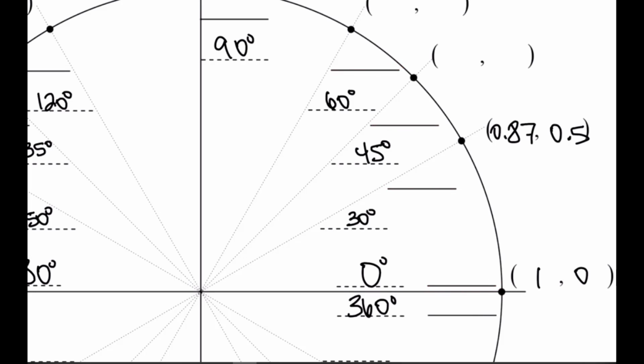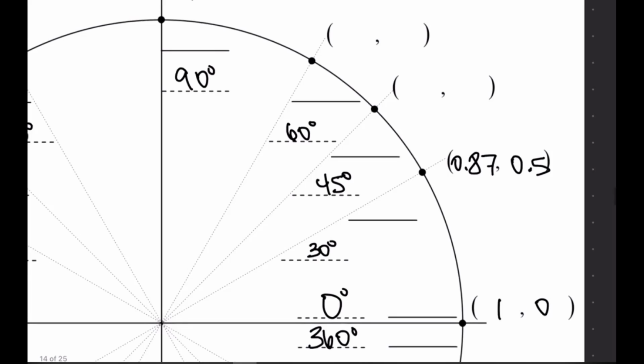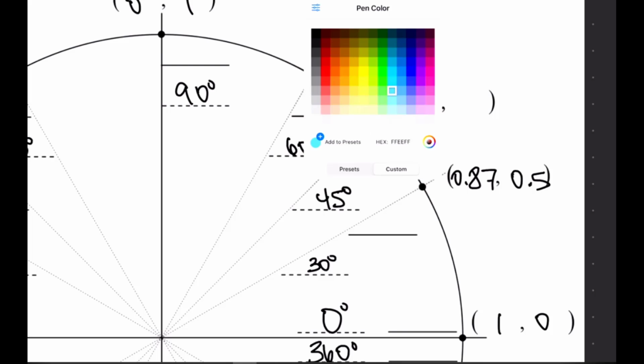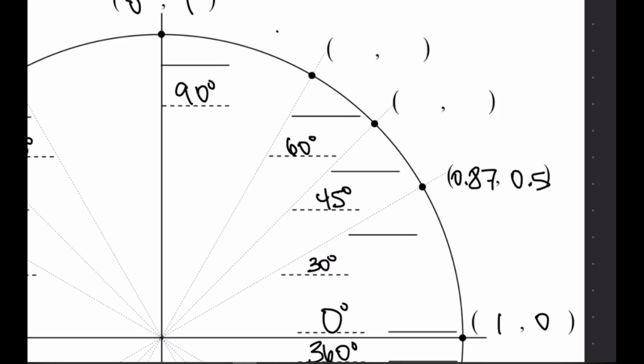So we can now go through our unit circle and fill in all of our degrees with the radians. Because what did we just figure out? 60 degrees was pi over 3. So we can write that on that solid line. So now you'll have your degrees, your radians, your sine, and your cosine all filled in on that unit circle.